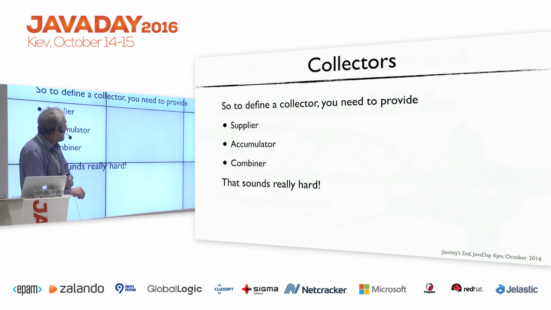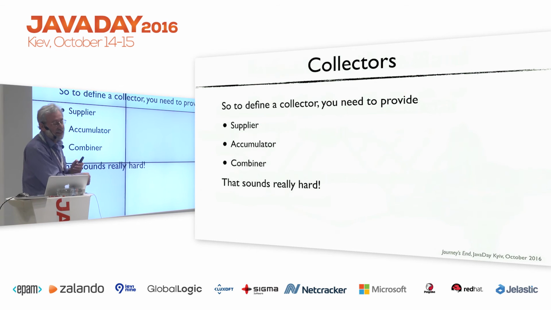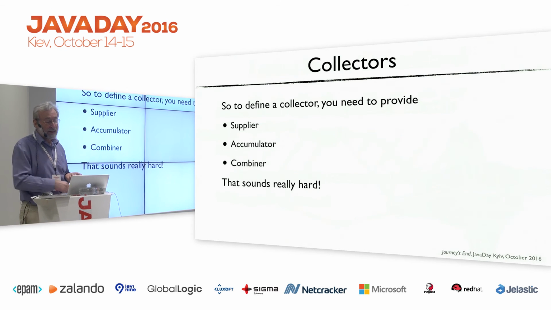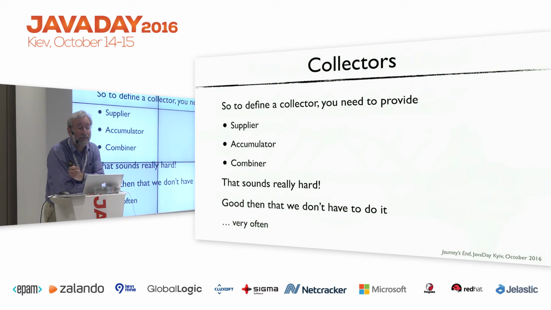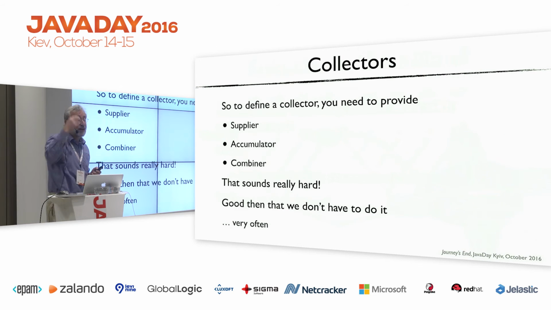But he's right about one thing. It sounds a bit harder than it is, but it still does sound hard. So it's good that we don't have to do it, because obviously, foreseeing that people wouldn't want to, they supplied a really comprehensive set of collectors in the platform libraries. I will talk about doing it. I mean, there's increasing interest in writing your own collector.